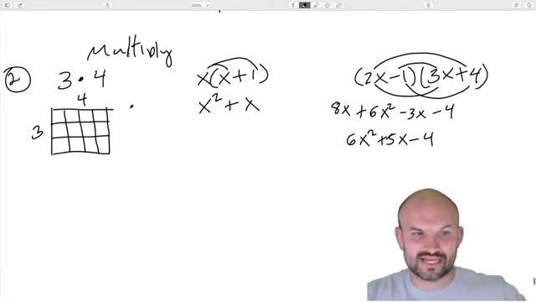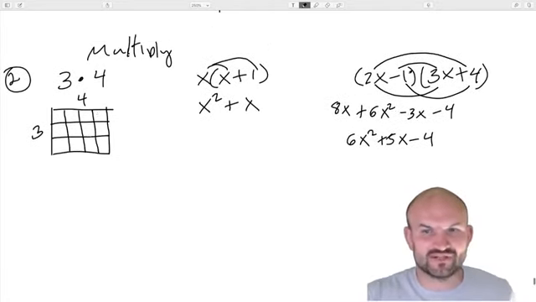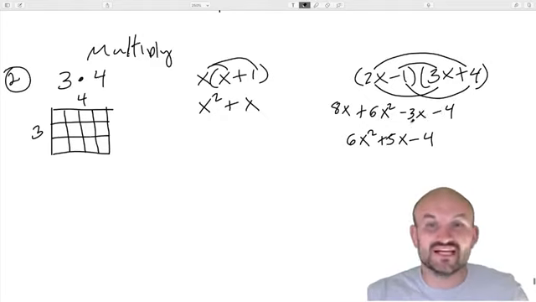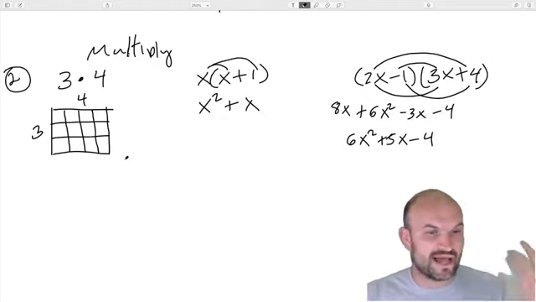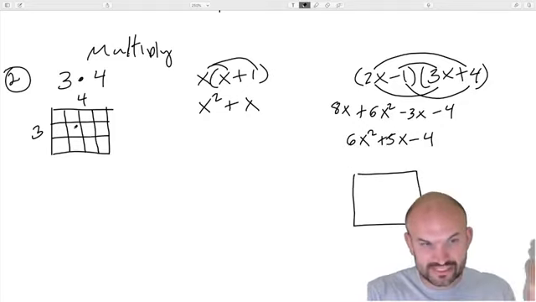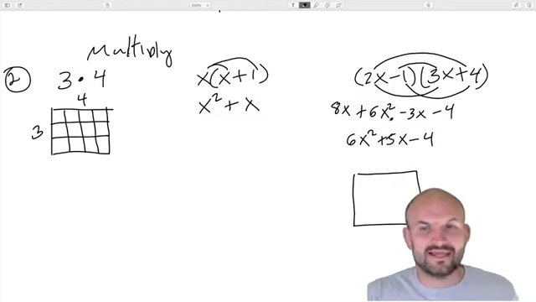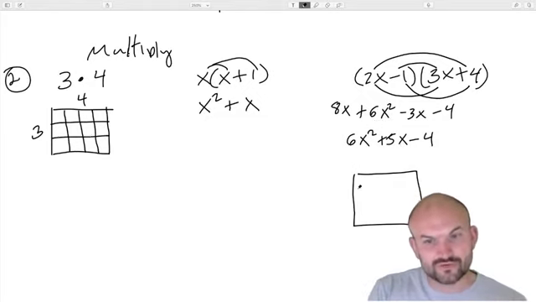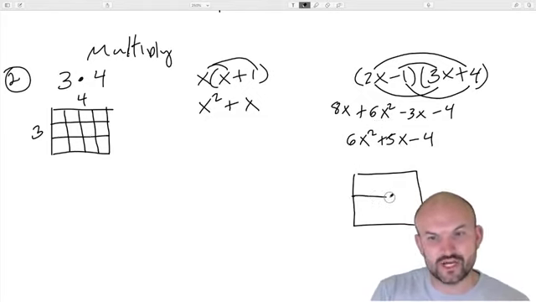Now, let's take a look at this way, because some people get confused or make a mistake. So remember, you can always fall back on this idea of area, because we know that 3 times 4 represents the area of a rectangle. Again, this is confusing for a lot of students because x is an unknown, right?